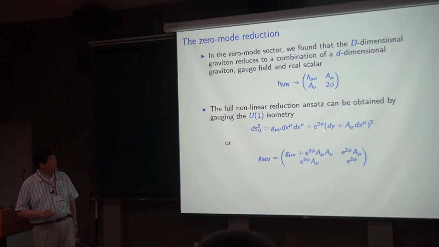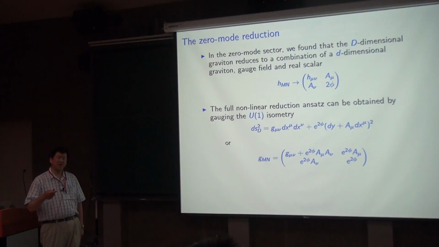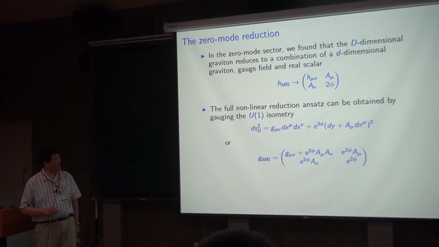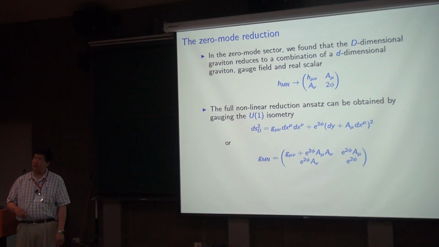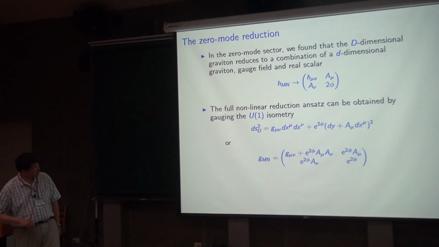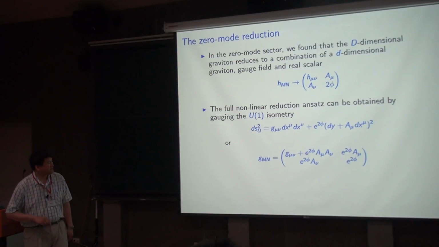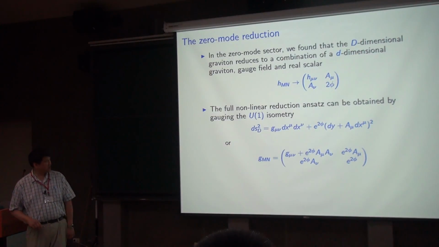If y is a circle, and I want to consider modes that are symmetries on a circle, then I can shift y by a constant. But instead of shifting y by a constant, I can actually gauge that symmetry by turning on a sort of shift symmetry over here, A_mu dx^mu. It's a very natural way to introduce an off-diagonal metric component. And when I write out the components, it looks like that.